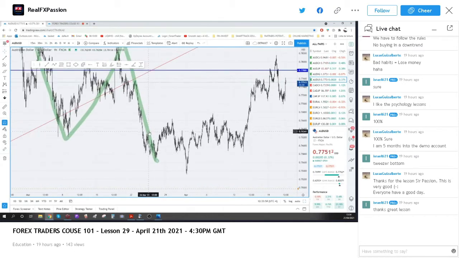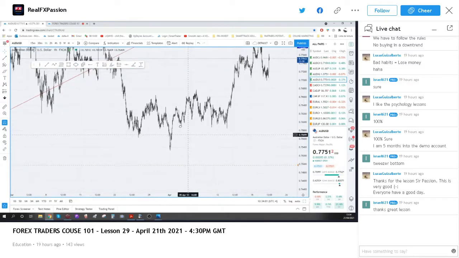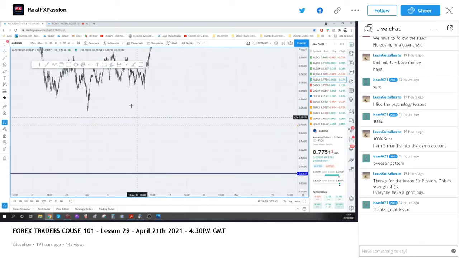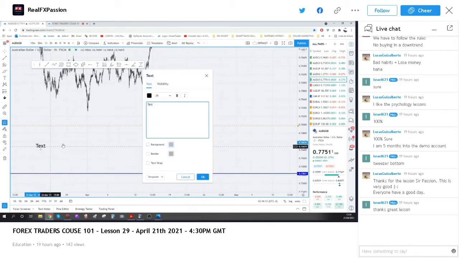Okay, and here is the trading concept, everybody. So we're moving forward from yesterday, and this is the text. Beginner traders, pay attention. Those are trading rules, or the trading rule is going to be just one.